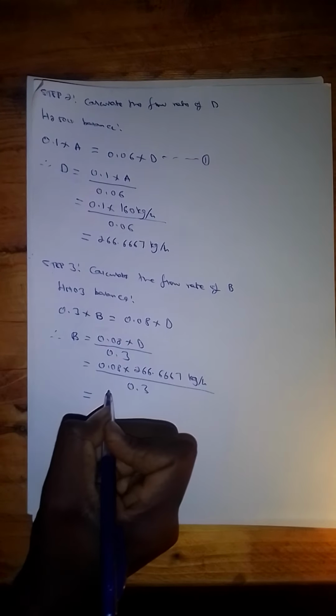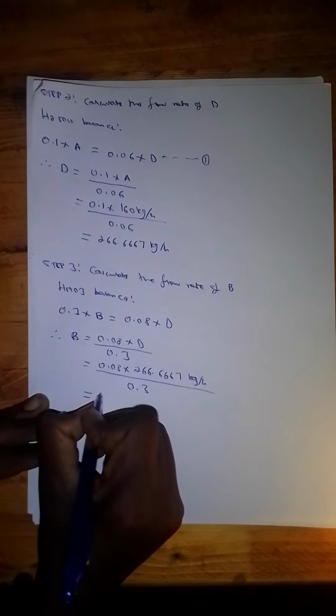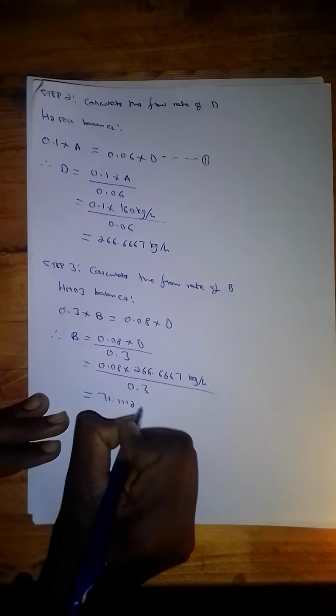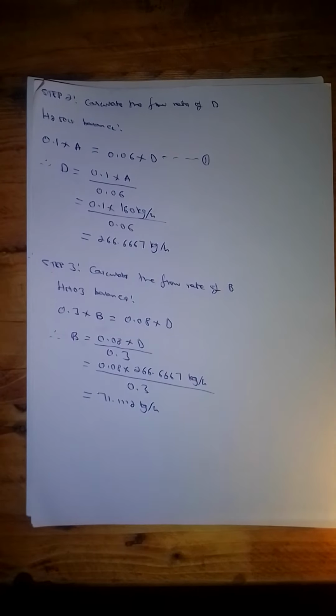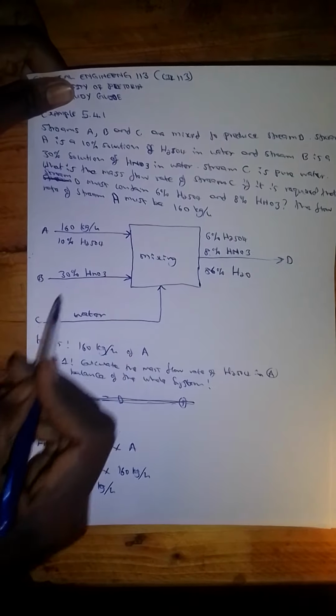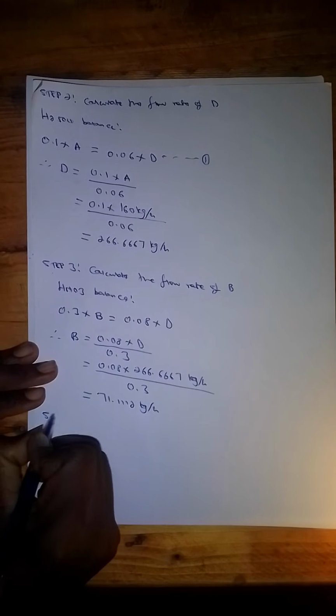Now when you use a calculator, that will give you a B of 71.1112 kilograms per hour. That concludes our step 3. Now it takes us to our step 4.